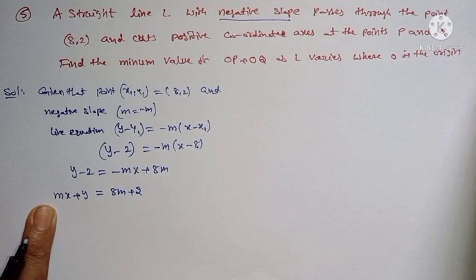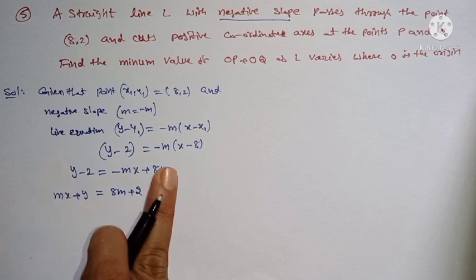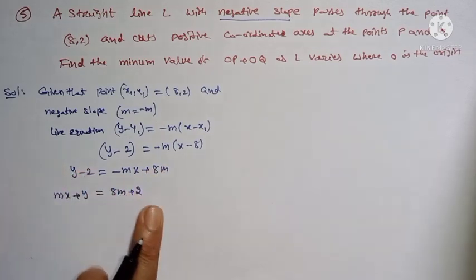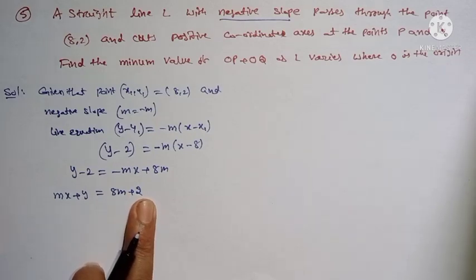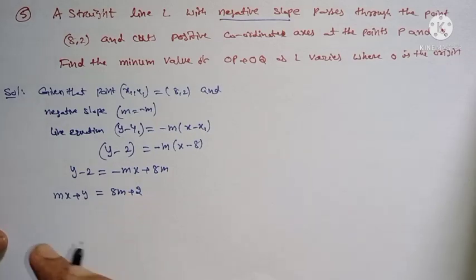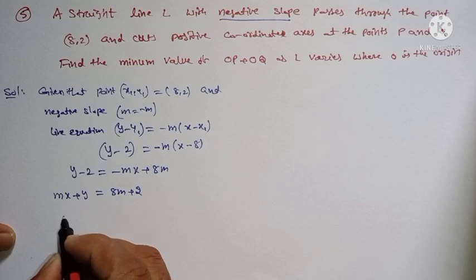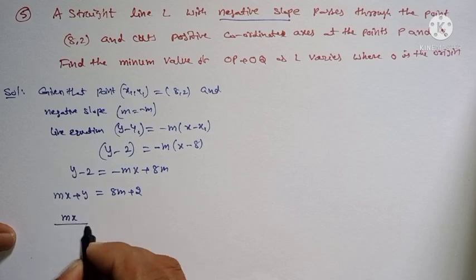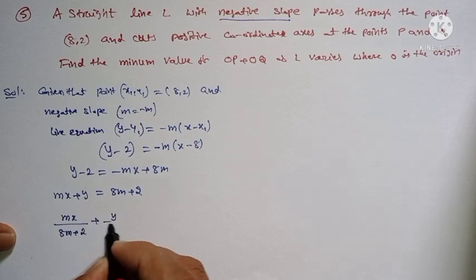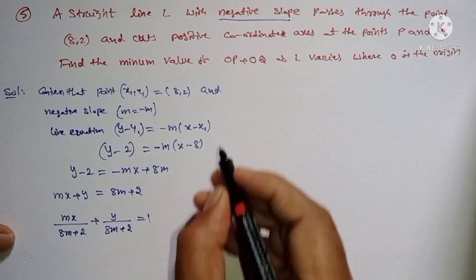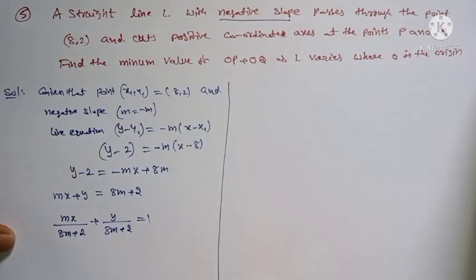What are you getting? mx plus y as it is, 8m as it is, and minus 2 brought to the RHS becomes plus 2. Or this can be written as mx by 8m plus 2, plus y by 8m plus 2, is equal to 1.